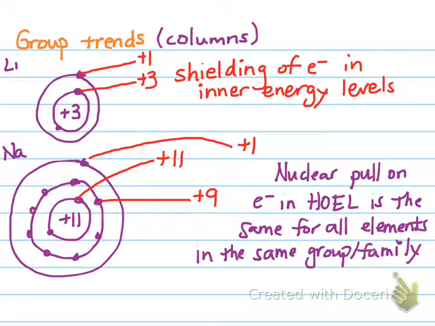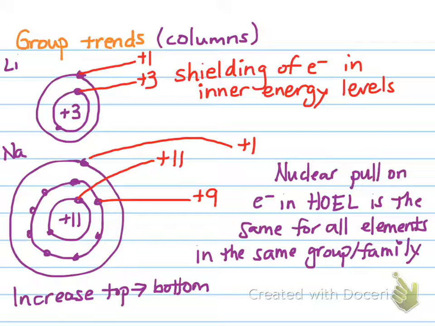So we have the same charge acting in both of these elements. So that's not affecting the size of these atoms. So remember, we said that this group trend is that there's an increase as we go from top to bottom. The reason for that increase here is because we are adding energy levels.